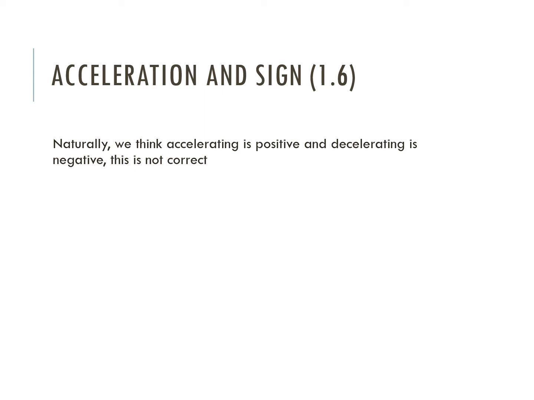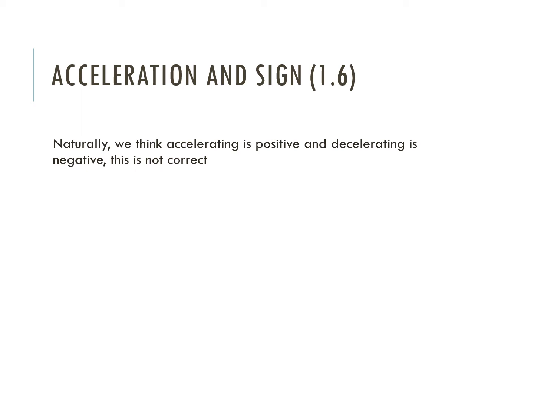And when we're stepping on our brakes, or we stop running and we start slowing down to a walking pace, we would refer to that as decelerating. And based on that, because accelerating has us speeding up, we would think of it as positive. And because we are slowing down as we decelerate, that would indicate that it's negative. That is not how this works in physics.